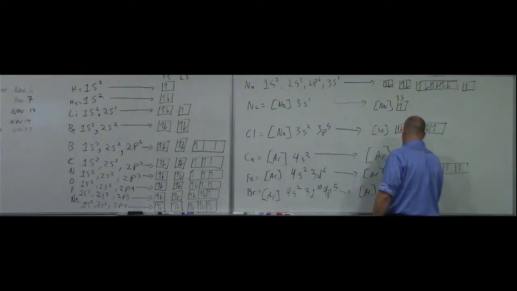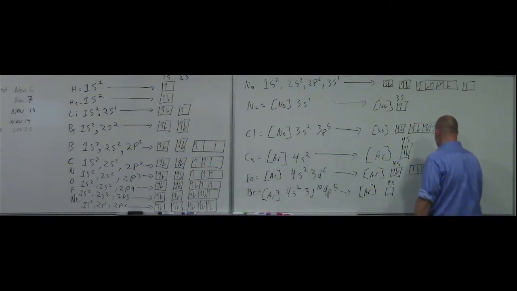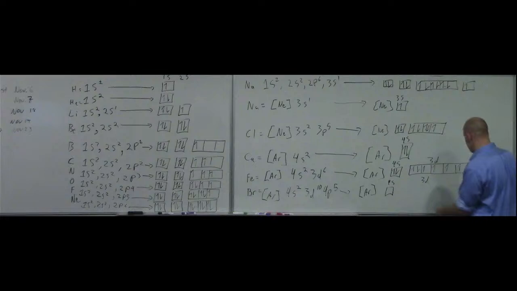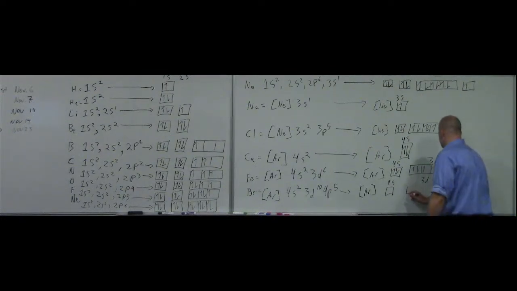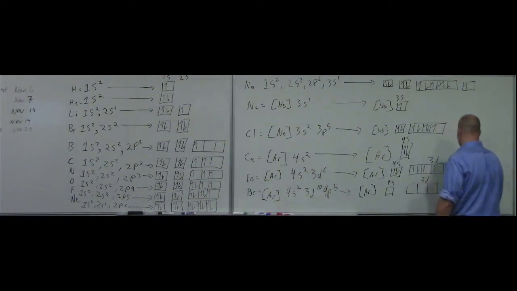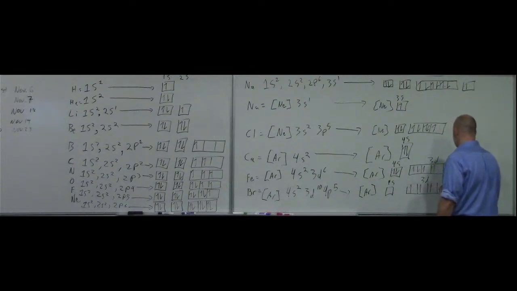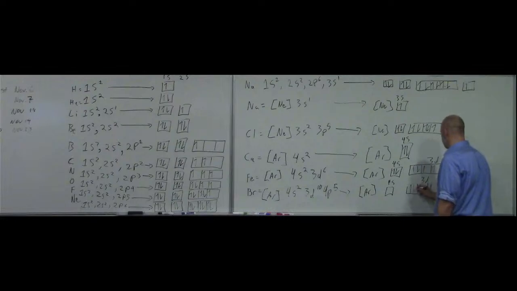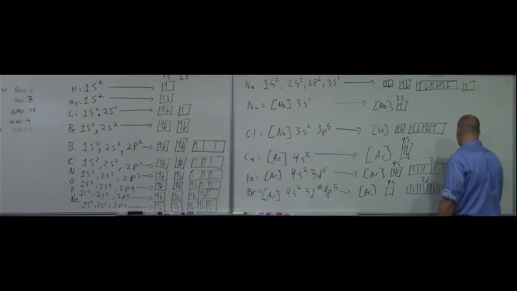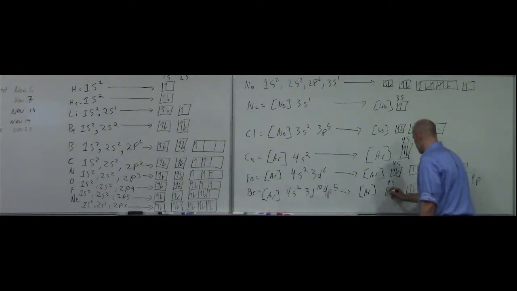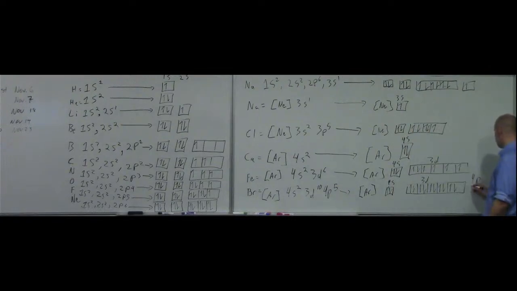Okay, so that takes care of that, and over here, I got to go argon with a 4s, with a 3d, and with a 4p. Right, this is going to be filled. And then how many boxes are in this box? 3.